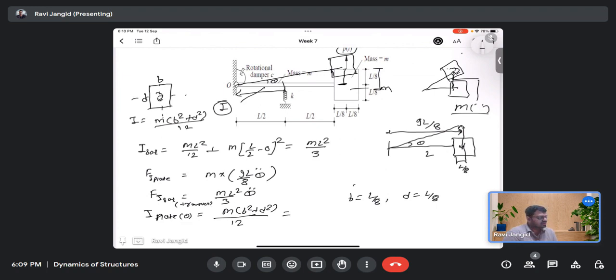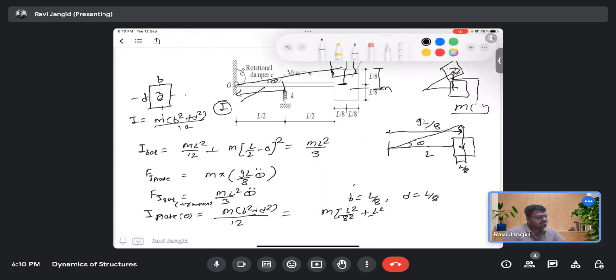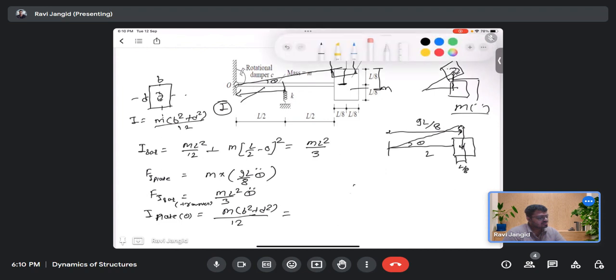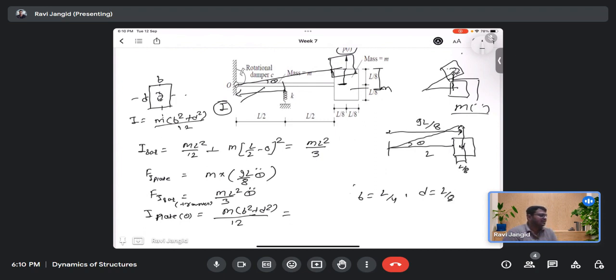If I put m into L square by 8 square plus L square by 8 square, it would be L by 4. It is given as b is equal to L by 4 and d is equal to L by 4 because the center is given at L by 8. So that will become m into L square by 16 divided by 12.